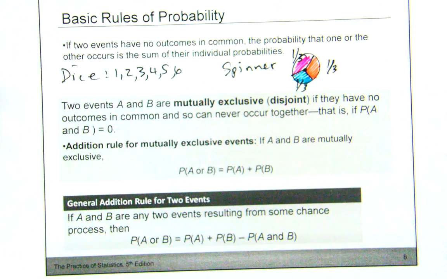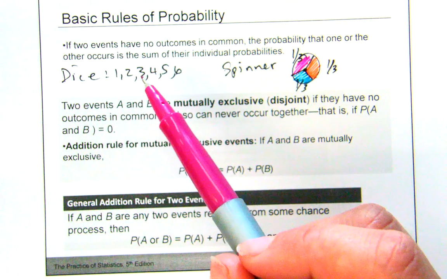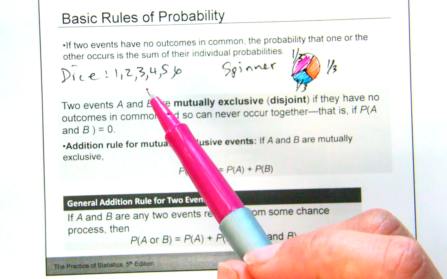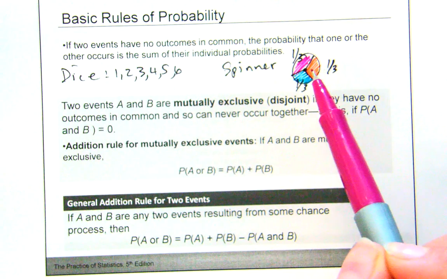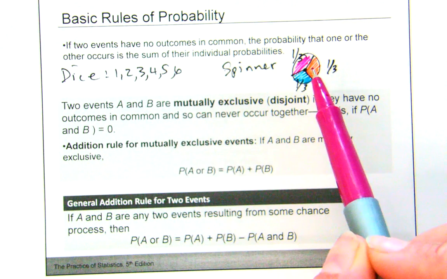So, for example, what's the probability of getting a 3 on the dice and getting an orange?